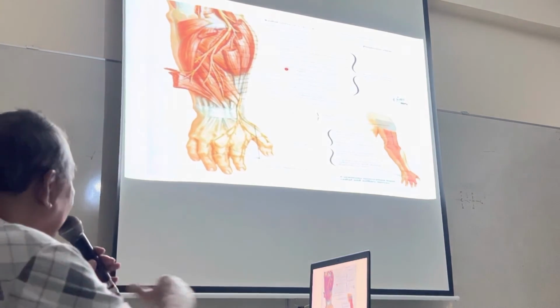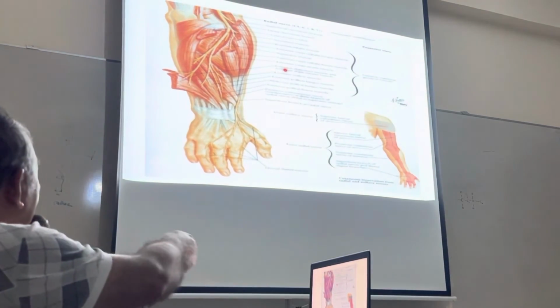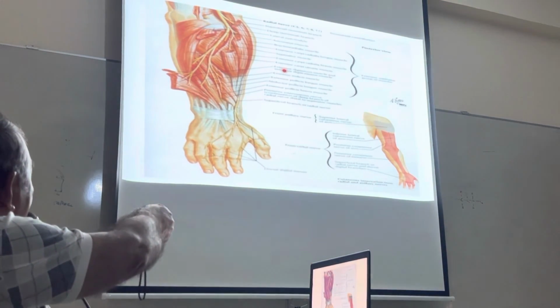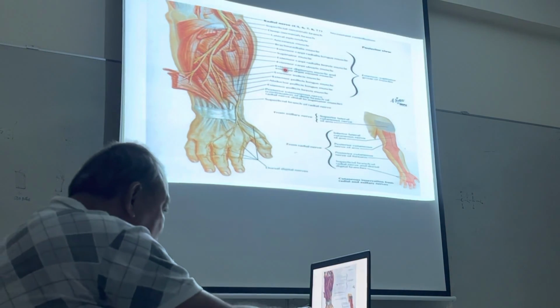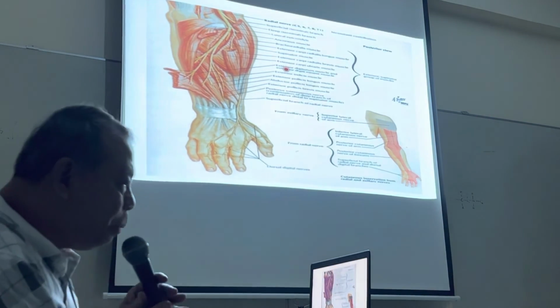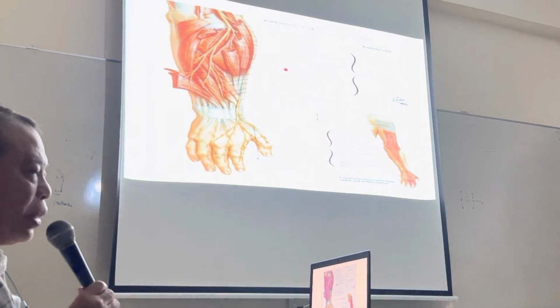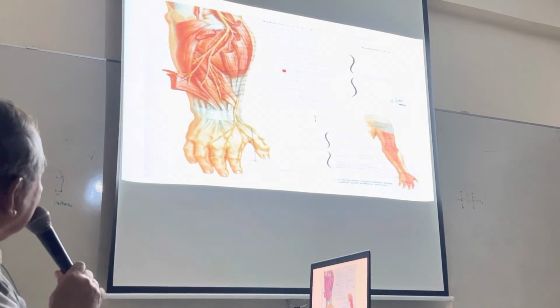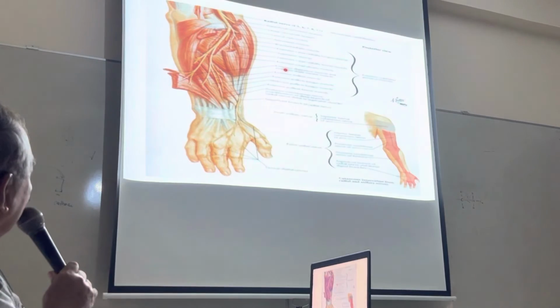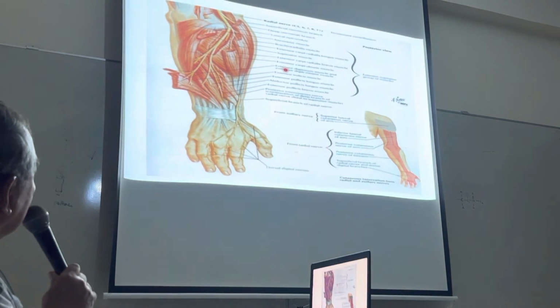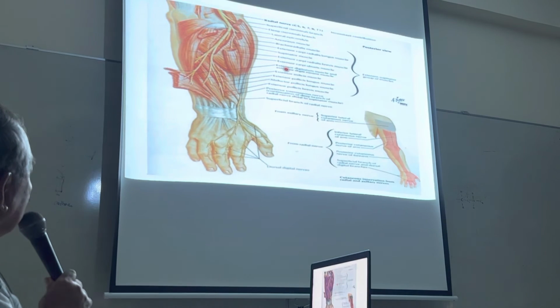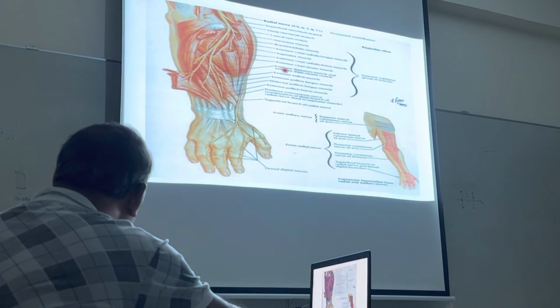This one here is the superficial branch. It will supply the skin here. It will not supply any muscle. So it is the deep branch that will supply all the muscles. The deep branch, to enter the posterior compartment, will pierce a muscle. What is that muscle being pierced?